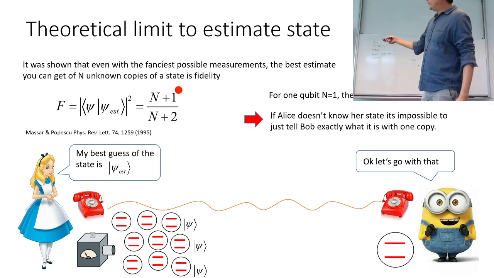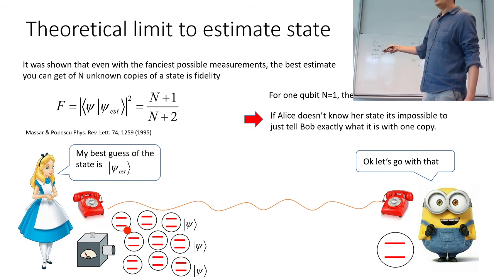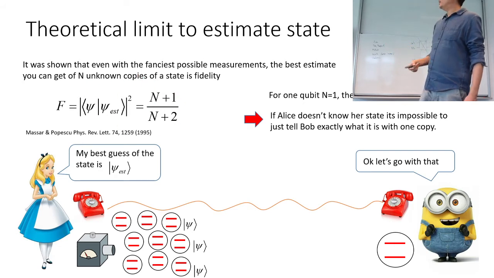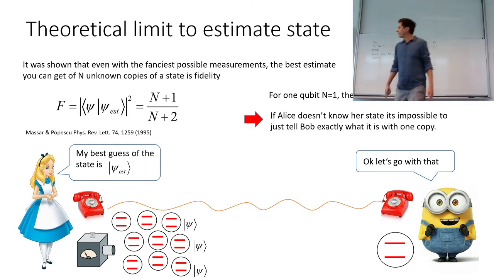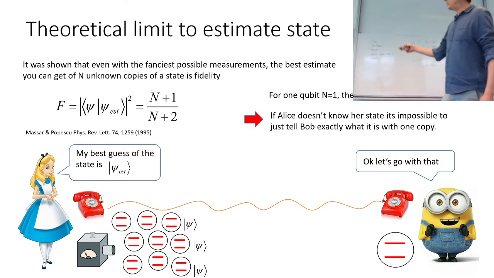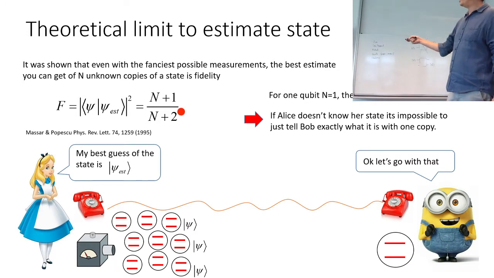So these guys give a formula that if you've got n copies of the state and you can do whatever measurements you like, then the best fidelity on average that you can get is (n+1)/(n+2).